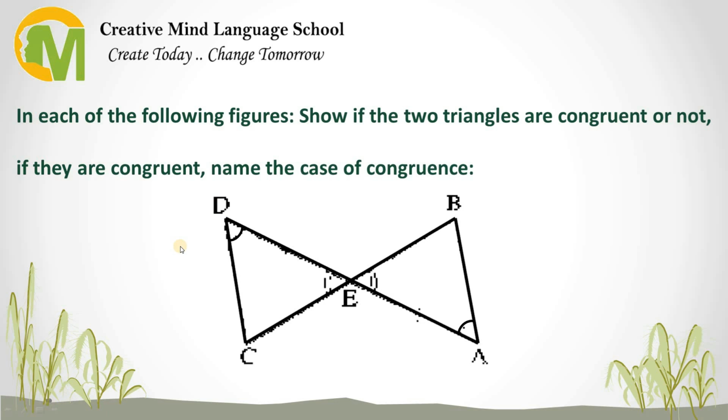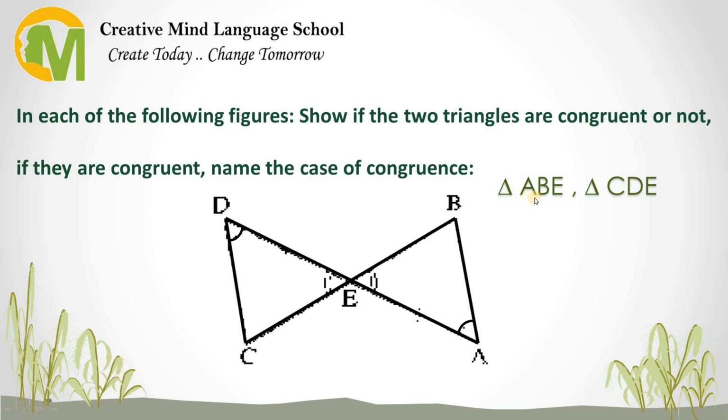Moving on to another example. We do have these two triangles. Now, one of you should write down the order of the letters of the two triangles in the same order, just to focus on congruency, and then we will check them together. This is the right order of the two triangles.